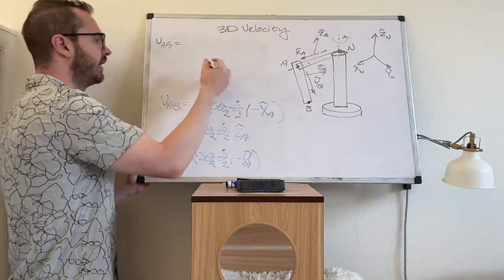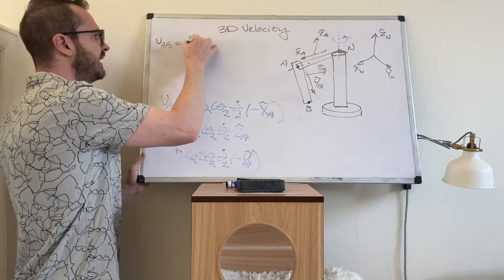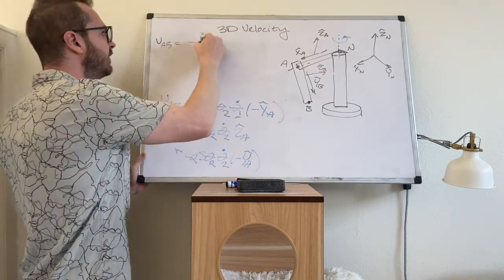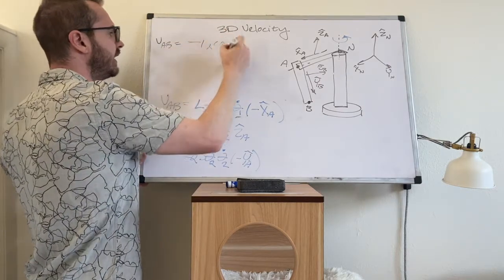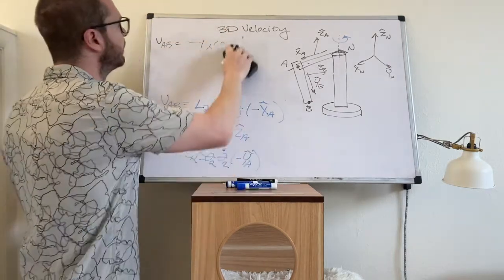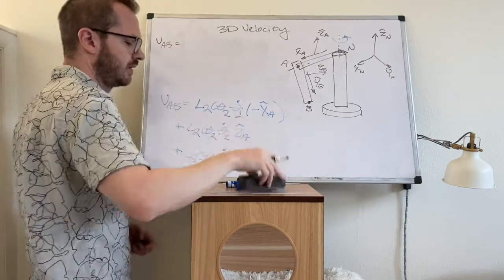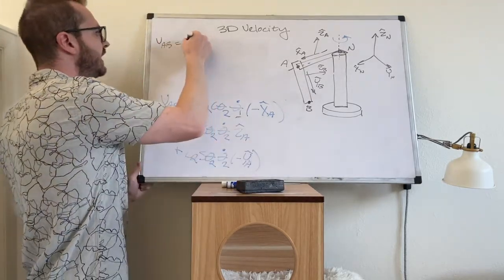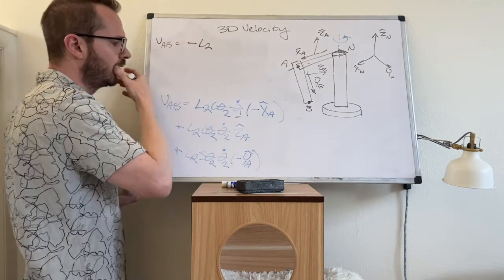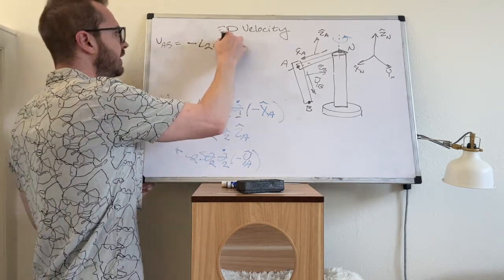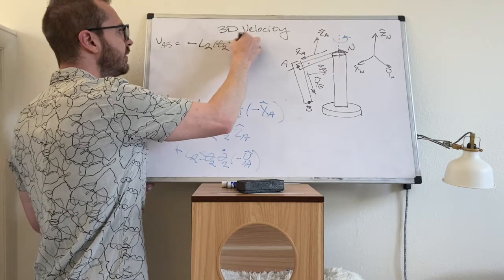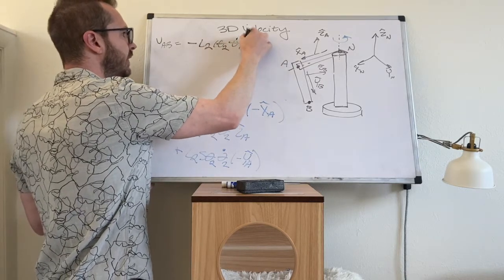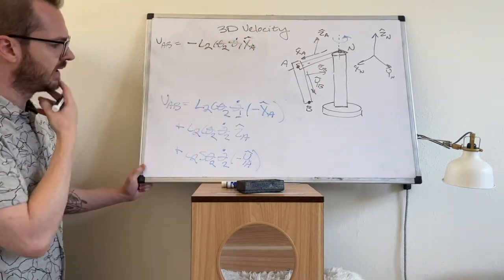I'm just going to bring it straight up, and I'm going to bring that negative sign out front. So this is negative L2 cosine theta 2 theta 1 dot XA. Let's just leave that one as is.